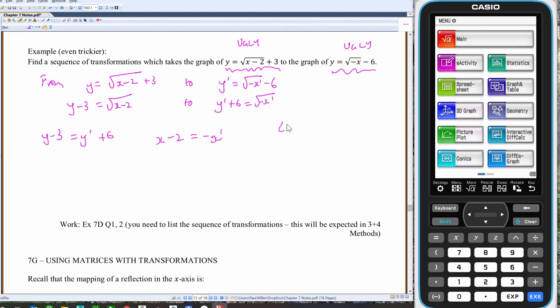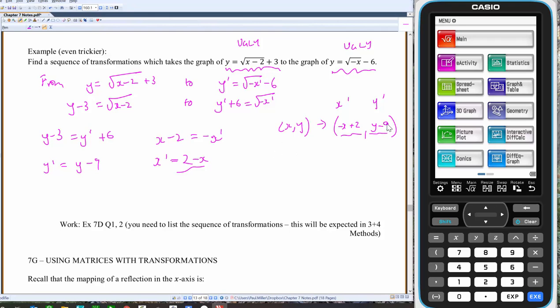To state the transformations, what we need is x dash and y dash as the subject, because that's where the transformations come out. So I need to make y dash the subject here, so y dash equals y take 9, and I need to make x dash the subject here, so x dash is equal to 2 take x. Let's write up this one: negative x plus 2, comma, y take 9.